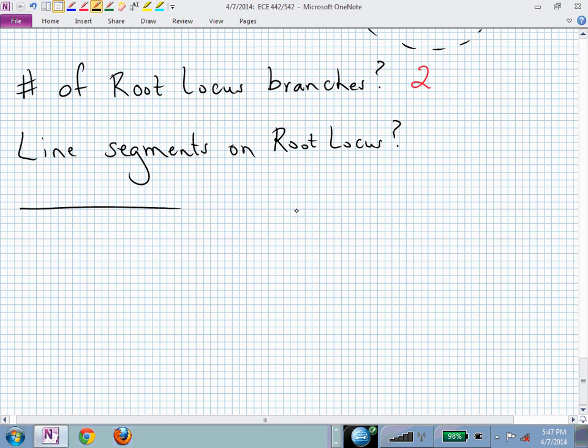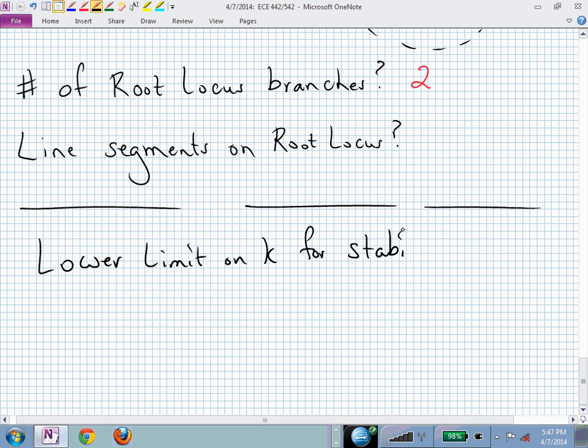So let's now look at the lower limit on K for stability.